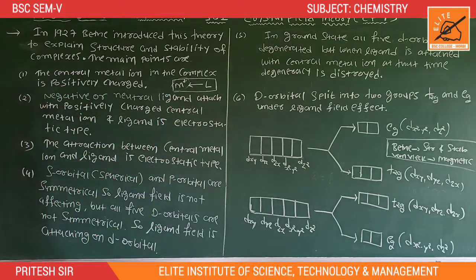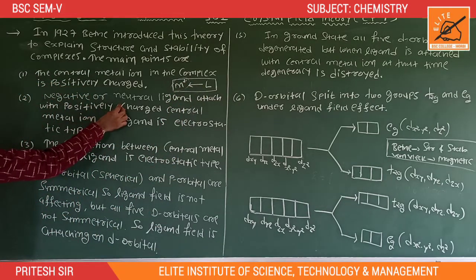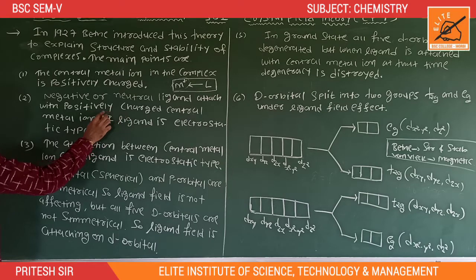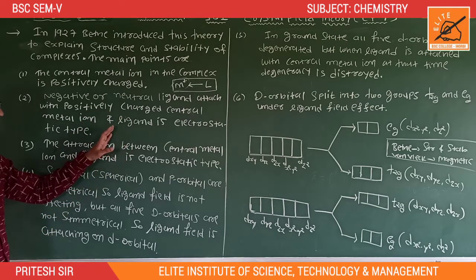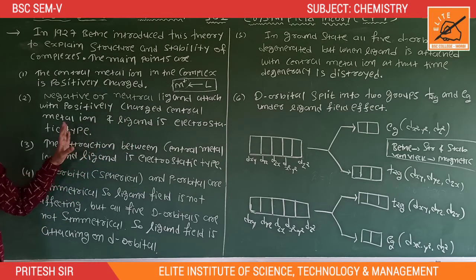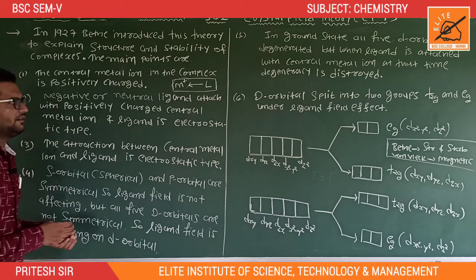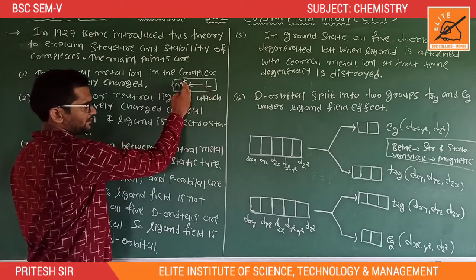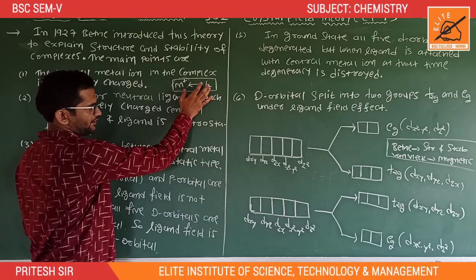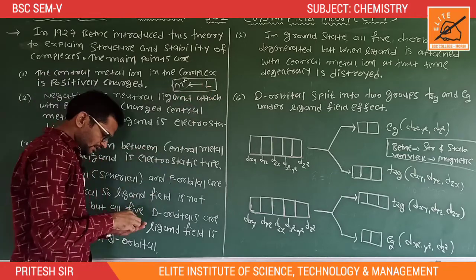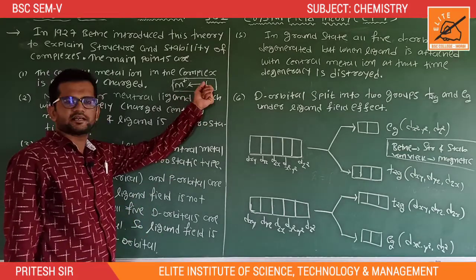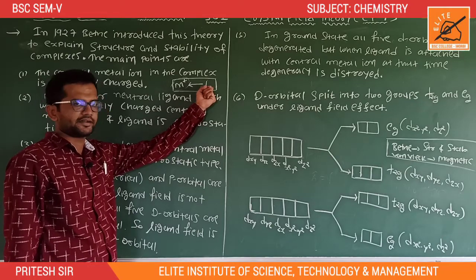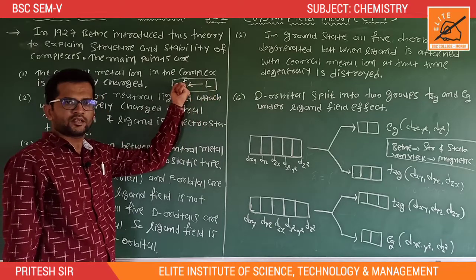Second, a negative or neutral ligand is attached to the positively charged central metal ion, and the ligand interaction is electrostatic. It means the ligand is attached to the metal ion via a covalent coordinate bond, and a ligand is a negative or neutral species which donates an electron pair to the metal ion.